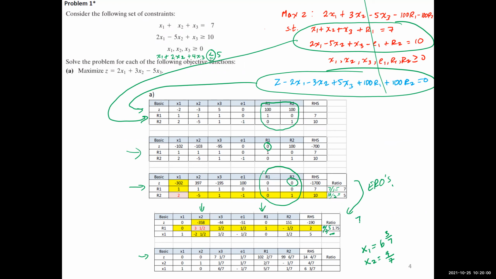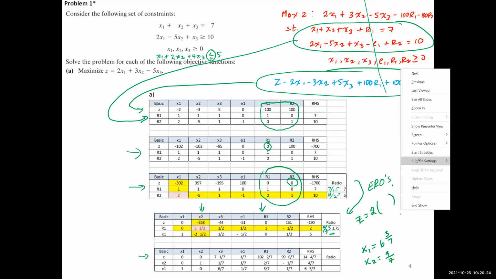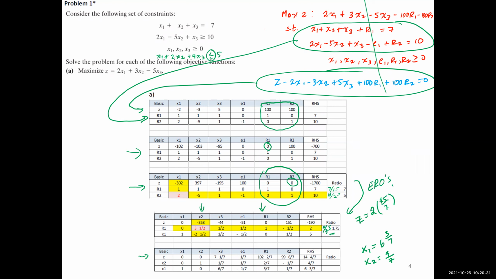So your z is going to be 2 times 3/7, so this is 45/7, plus x2, which is 3 times 4/7, and then minus 5 times 0.